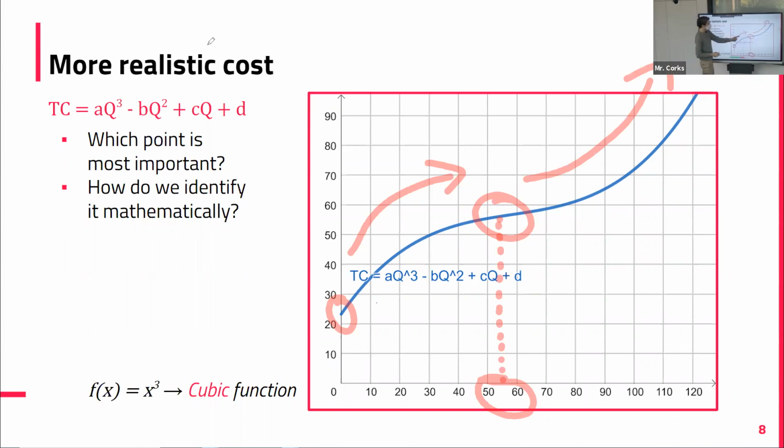And how can we identify that one mathematically? Something about slope? So this slope will not reach 0. We can see it's not going perfectly flat.